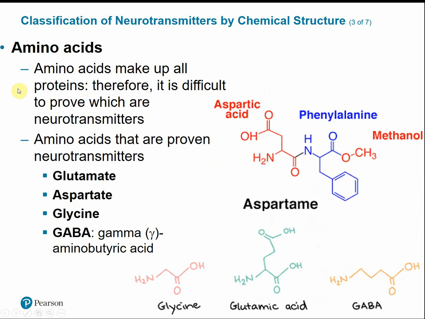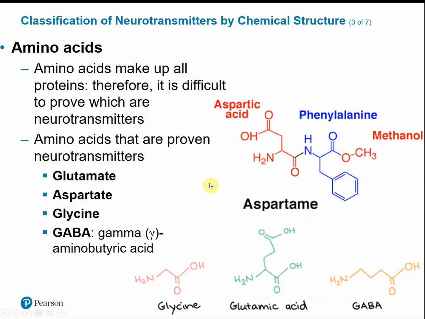Amino acids can also act as neurotransmitters. As we know, amino acids are the building blocks for proteins. Because they're already very common, it's hard to pick apart which ones act as neurotransmitters. But there are a few that we have proven. Things like glutamate, aspartate, glycine, GABA.